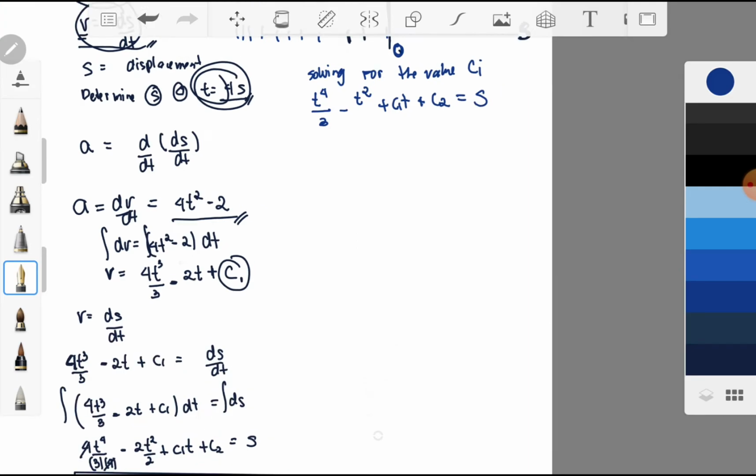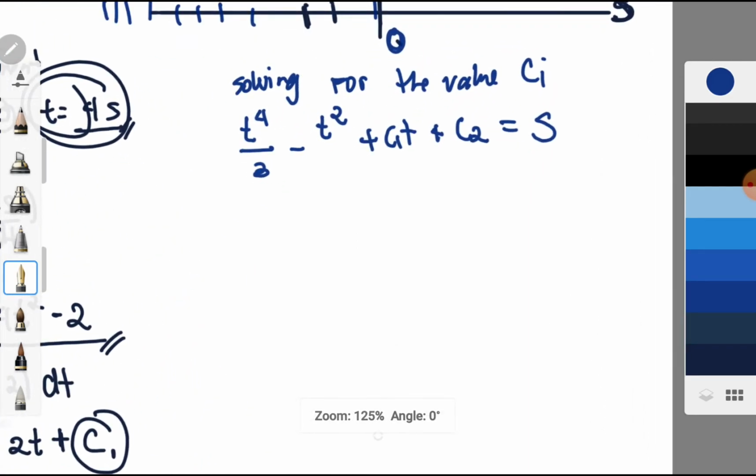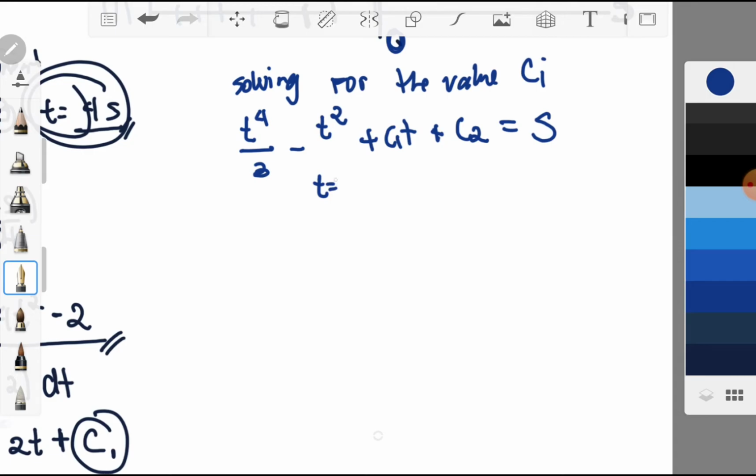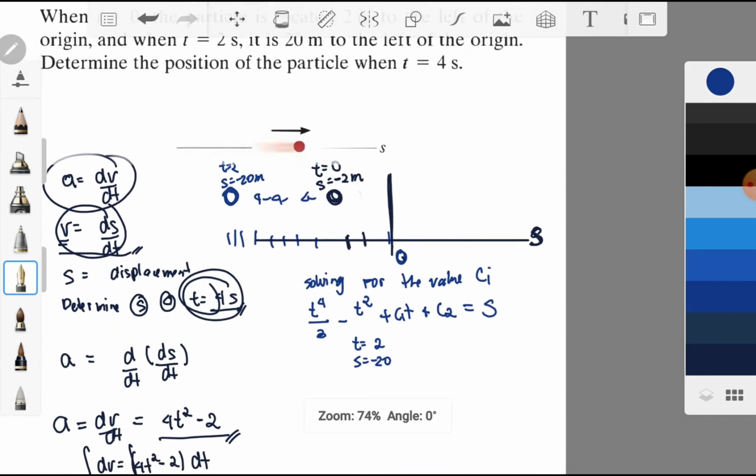Knowing that our t is equal to 2 seconds, we have our s is equal to negative 20.